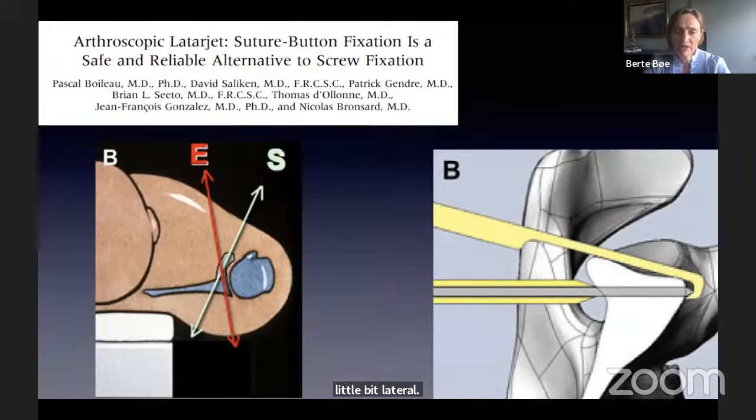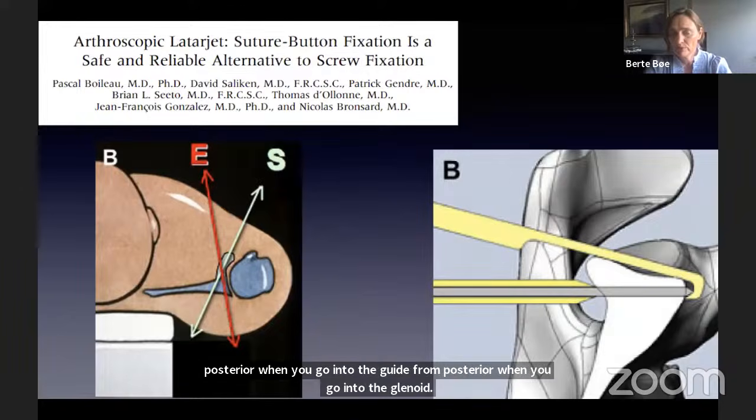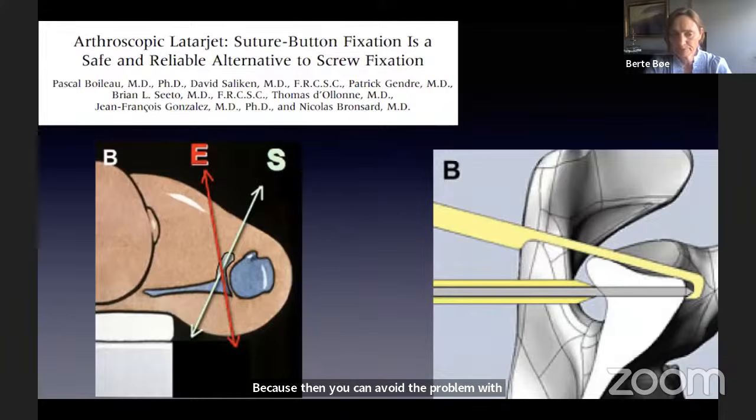And we all know what can happen if the fragment comes lateral to the joint line. Then the patient will probably have osteoarthritis faster than they would without this kind of fixation. So Boileau and Taverna have both argued to use the guide from posterior when you go into the glenoid, because then you can avoid the problem with the neurovascular bundle.